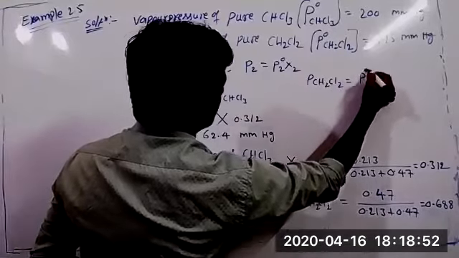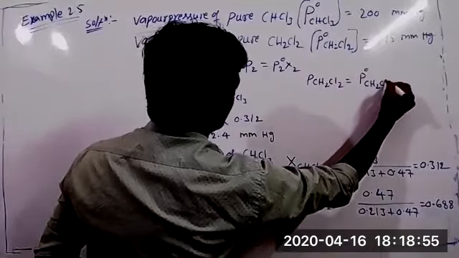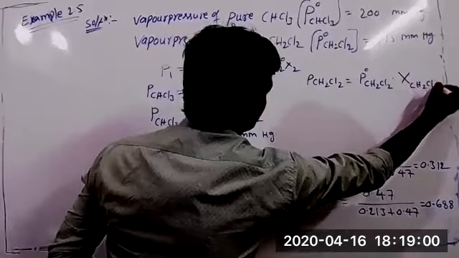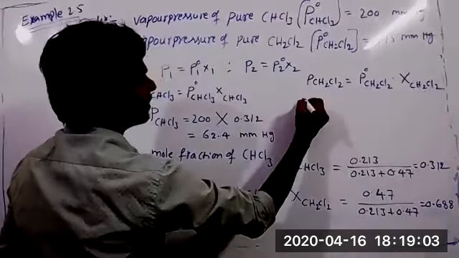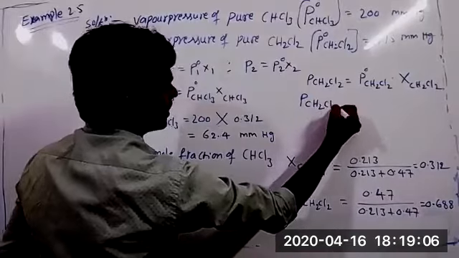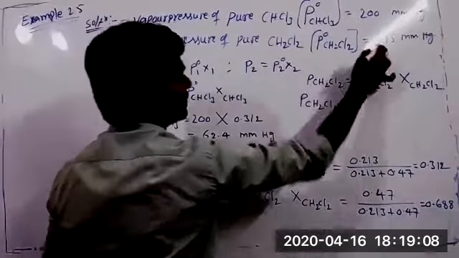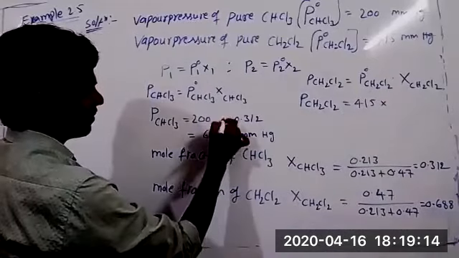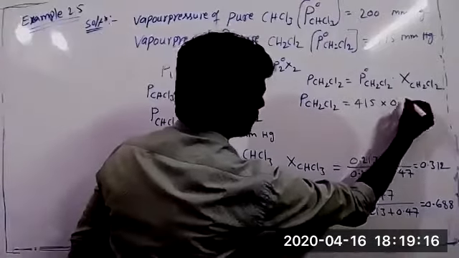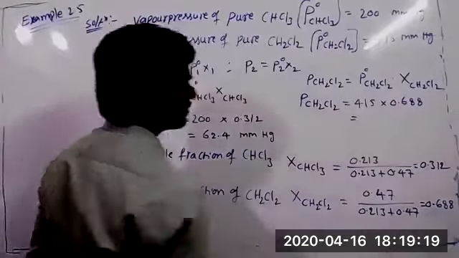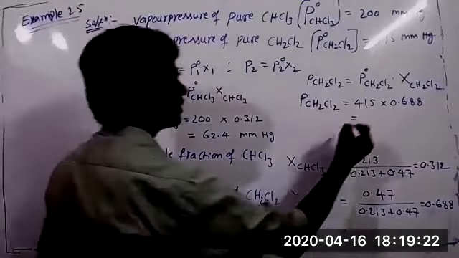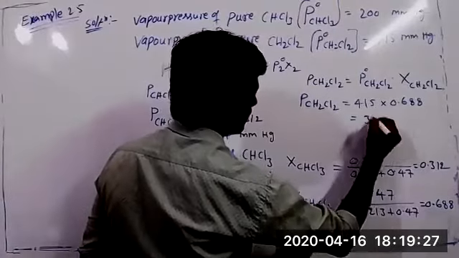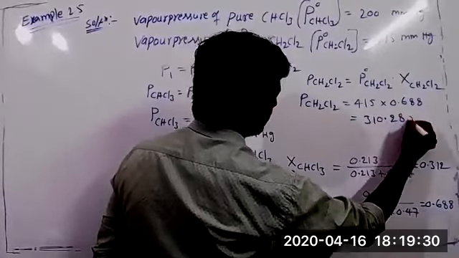P CH2Cl2 is equal to pure component pressure, 415, into the mole fraction X CH2Cl2. The total answer is 310.288 mm of Hg.